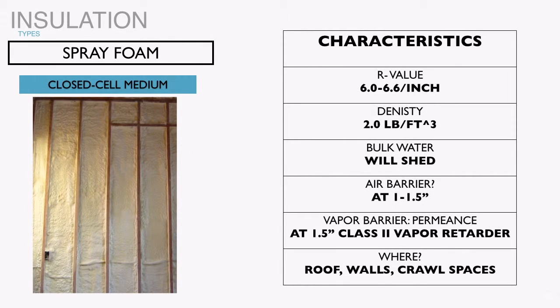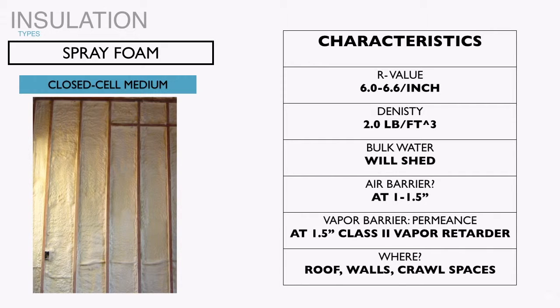There's medium density closed-cell spray foam. It's got a density of 2 pounds per cubic foot. The R value is much higher as a result, on the order of 6 to even 6.5 or so R value per inch. It will shed bulk water, and it will function as an air barrier at about an inch up.